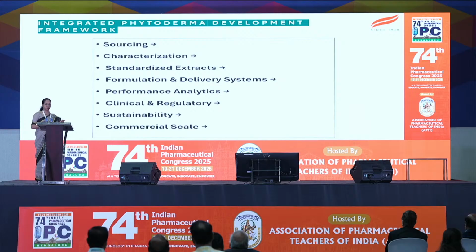So from sourcing to commercialization, there are so many aspects coming in. It's not just the formula and the performance studies. There is the integration of these herbal ingredients into each and every stage, though we are not that much into isolation; we are more of a holistic approach.